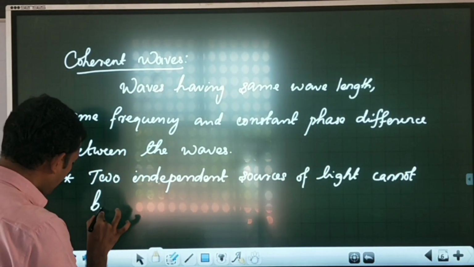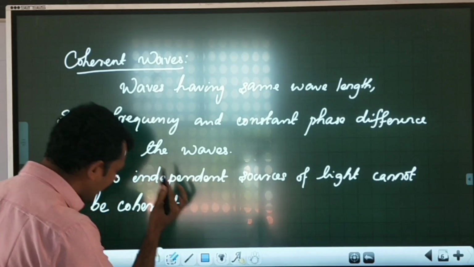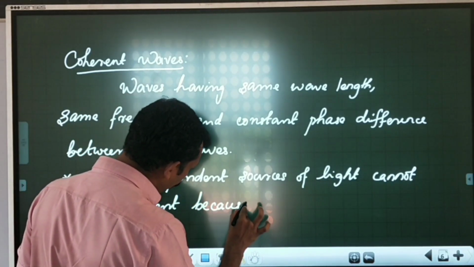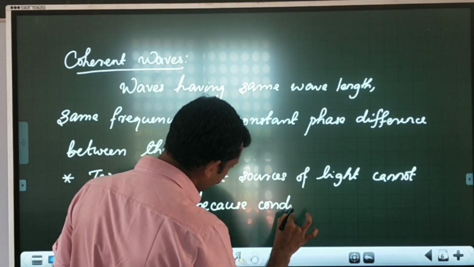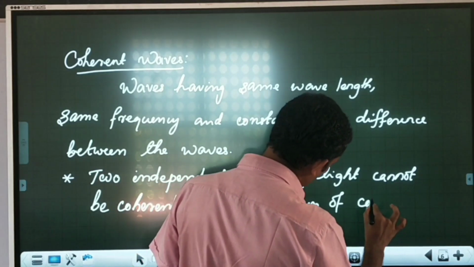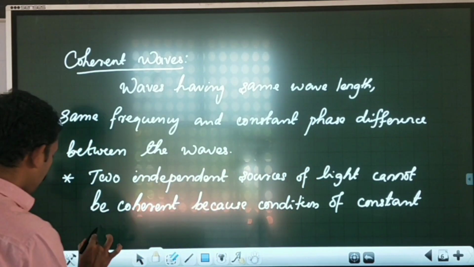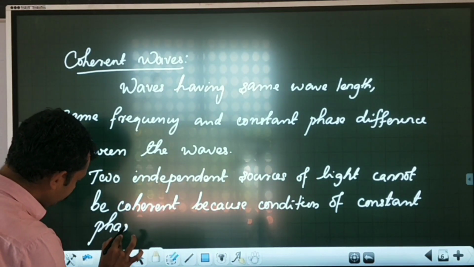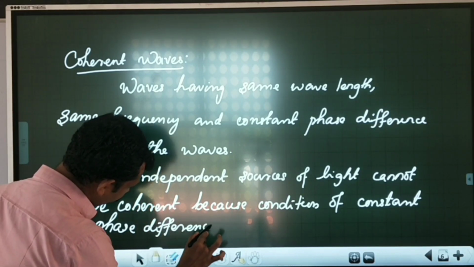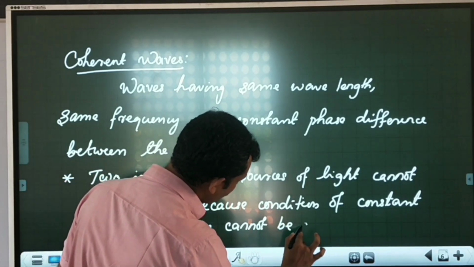Two independent sources of light cannot be absolutely coherent, because the condition of constant phase difference cannot be attained.